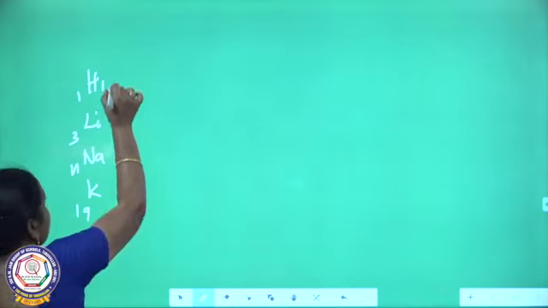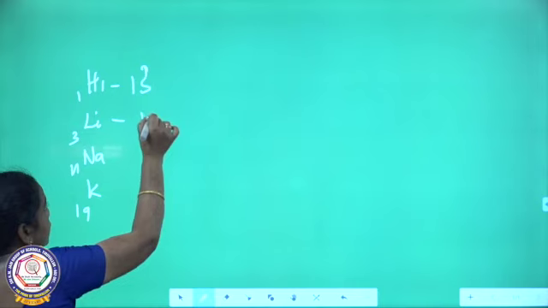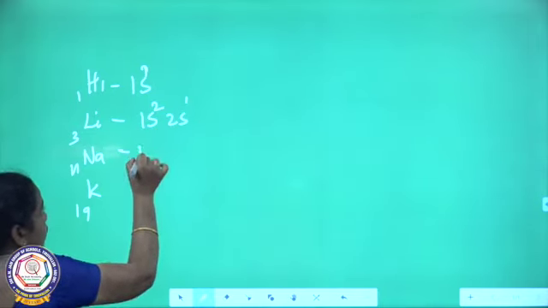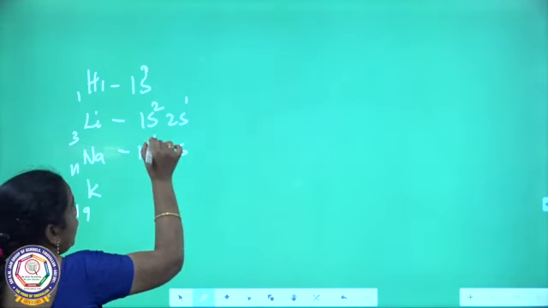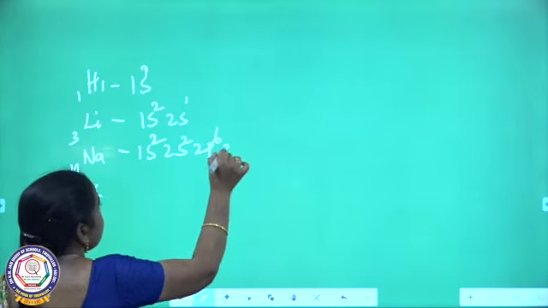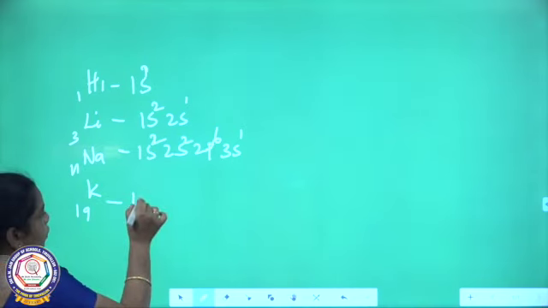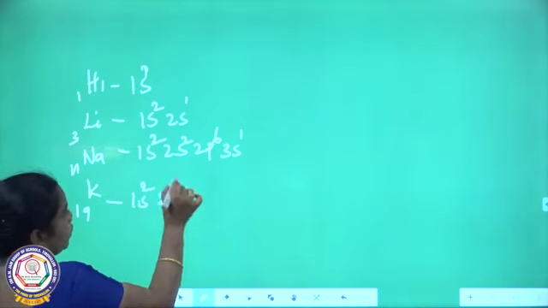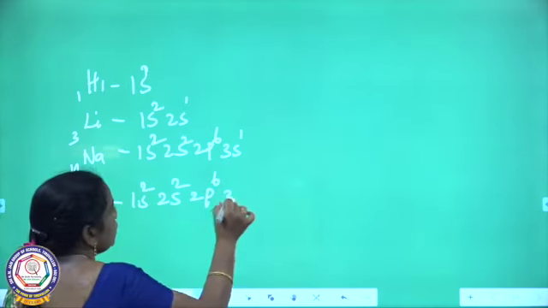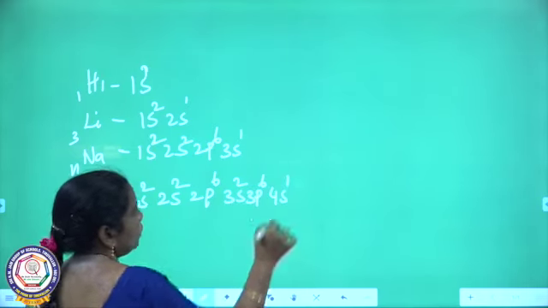Now, you can see the electronic configurations: 1s1, then 1s2 2s1, then 1s2 2s2 2p6 3s1, and then 1s2 2s2 2p6 3s2 3p6 4s1.